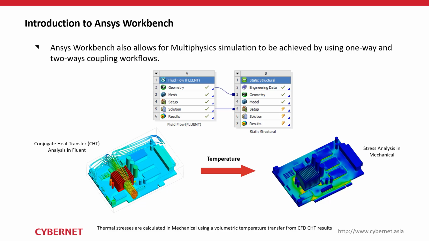In this particular case, we are evaluating the thermal management system of a PCB, and from there we would also like to evaluate the stresses developed inside the PCB. So we combine those two physics together to establish a multi-physics simulation workflow, and this can be done with Ansys Workbench.